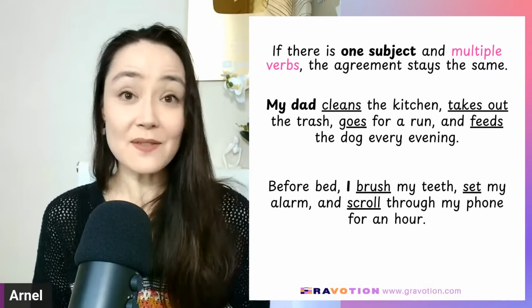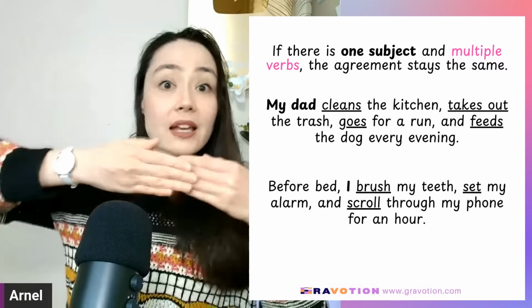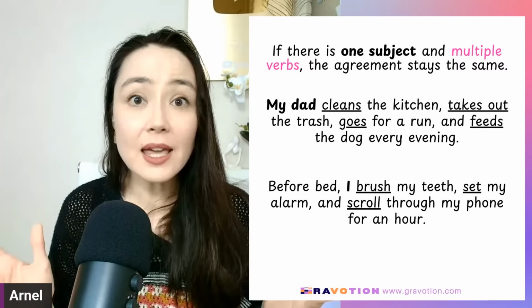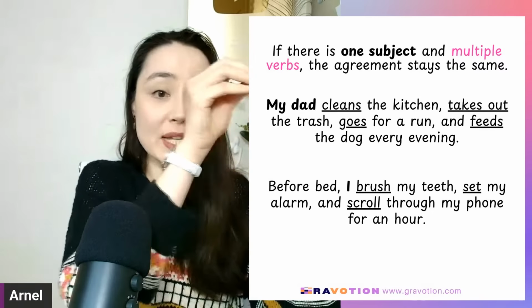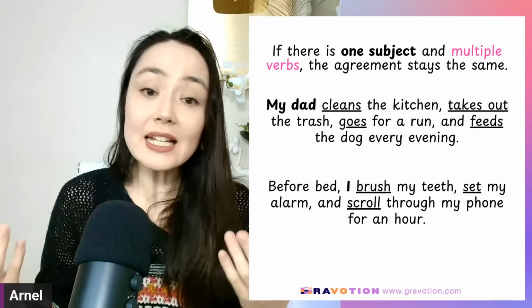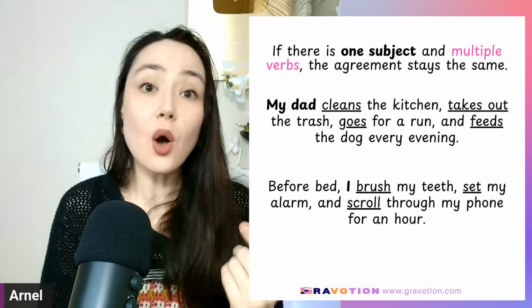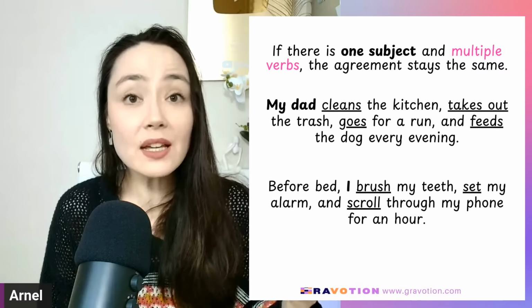Let's get more specific. If there is one subject and multiple verbs, the agreement stays the same. My dad is the subject. We see multiple verbs. My dad cleans the kitchen, takes out the trash, goes for a run, and feeds the dog every evening.